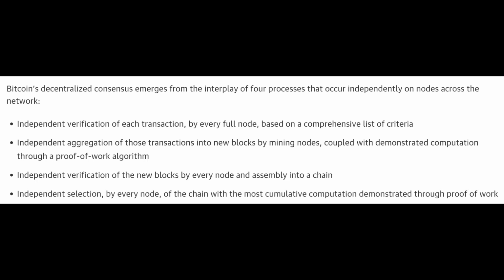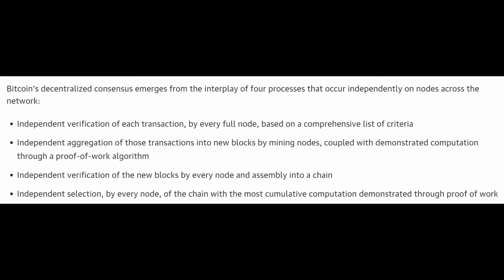Secondly, you then have the mining nodes who are coming in and aggregating those transactions and demonstrating real computational expenditure through that proof of work where they're guessing all these different hashes in order to prove that real work has gone into this, which makes fraud extremely expensive on the Bitcoin network, because you're going to go out and spend all this energy producing a new block only to have the nodes in this third step say that nope, it's easy to validate that the transactions are fraudulent.